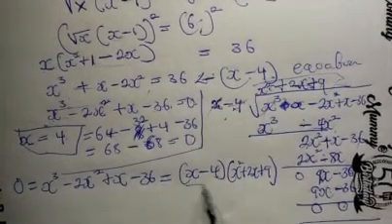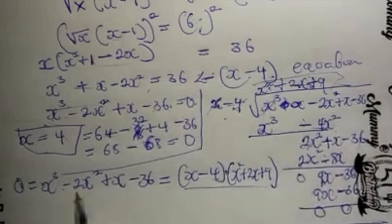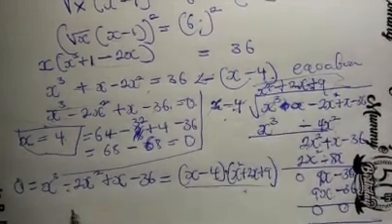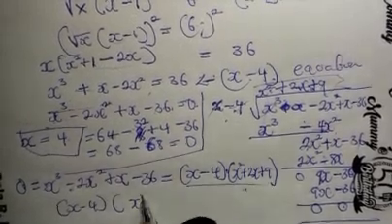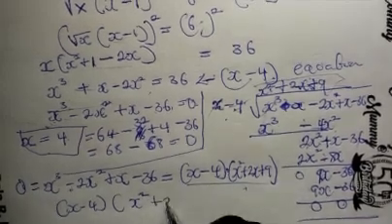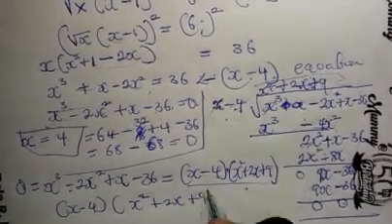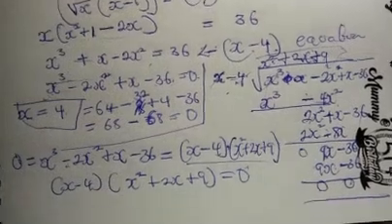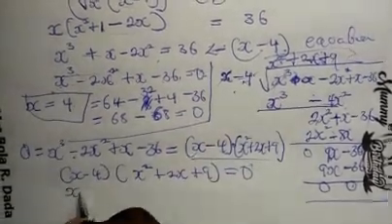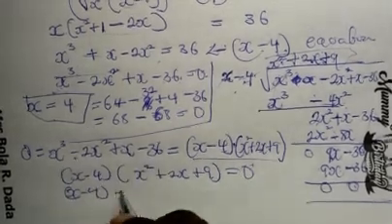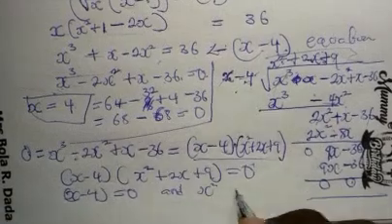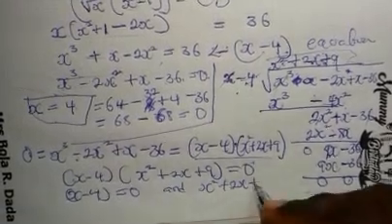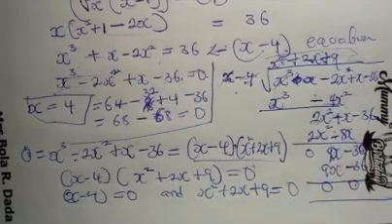So now we'll be working with this. So now we have s minus 4 times s squared plus 2s plus 9 is equal to 0, which implies that s minus 4 is equal to 0, and also s squared plus 2s plus 9 is equal to 0.